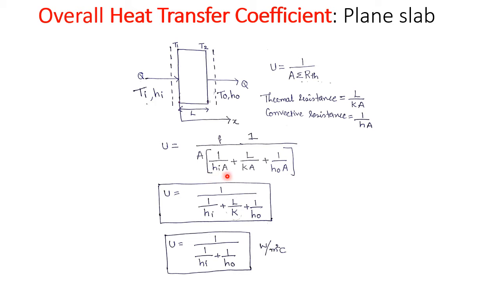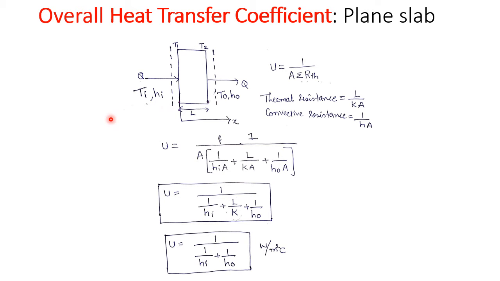The convective thermal resistance at the left side of the slab is given by the formula 1 divided by Hi into A. Hi indicates the inside heat transfer coefficient, the convective heat transfer coefficient at the inside surface.